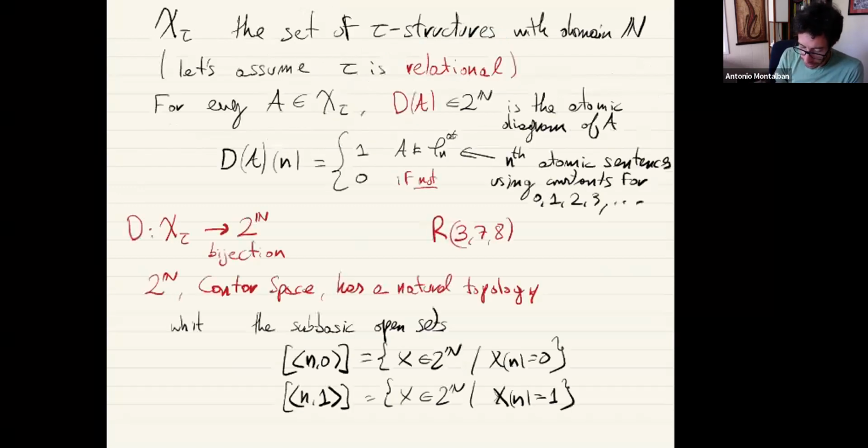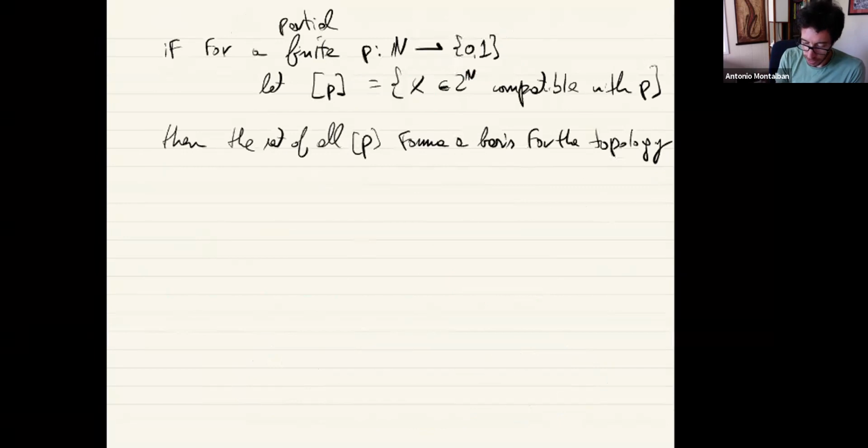So you're taking a finite intersection of these guys. These sets are just finite intersections of the ones before, so they form a basis of open sets. And then every open set is just a union of these guys. So far so good. Is it too slow, or is this a good pace?